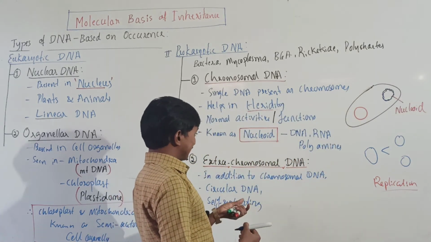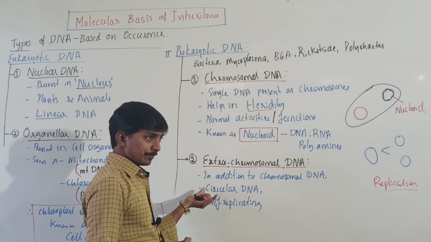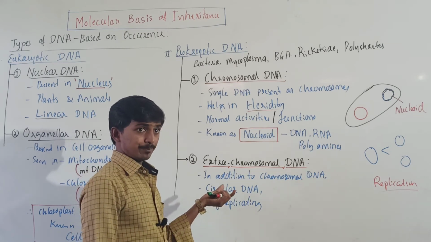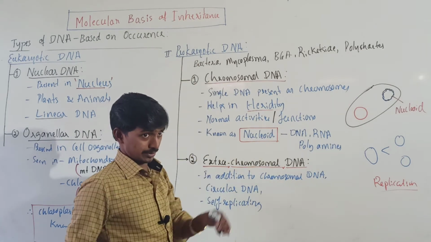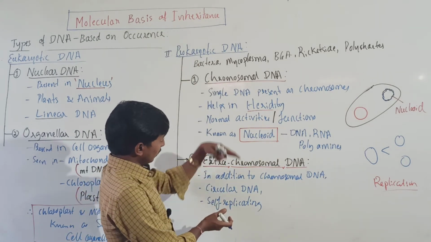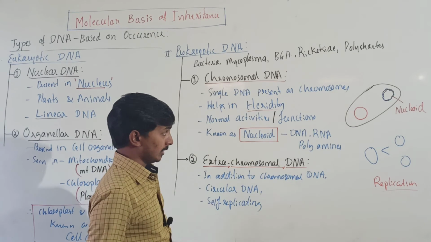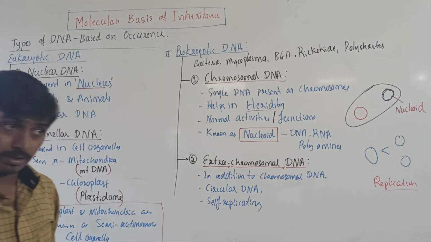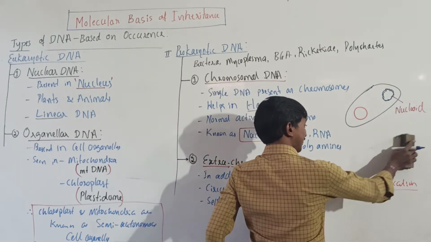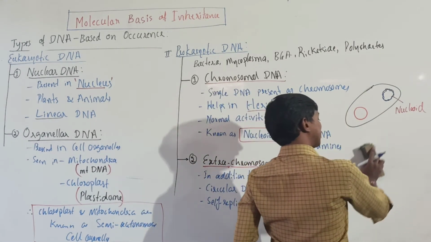So this DNA will replicate, but it will never depend on the chromosomal DNA for replication. It will replicate itself on its own and express its characters on its own.